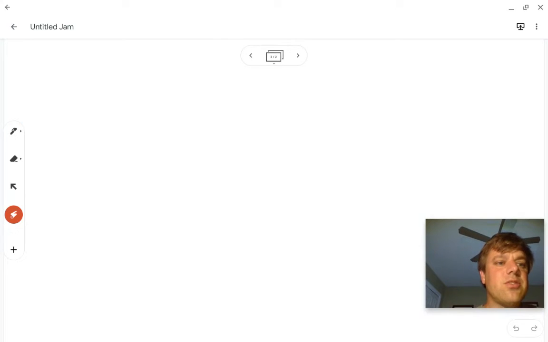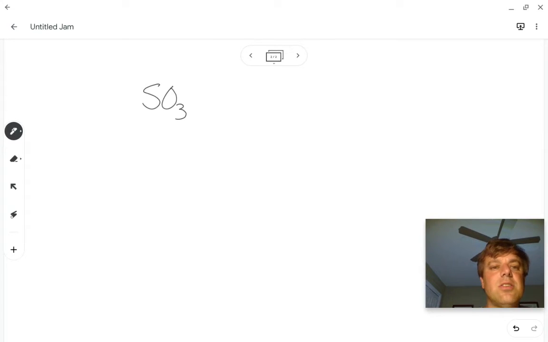In this case, we're going to look at the sulfur trioxide molecule. This is not sulfite, SO3 with a -2 charge, the polyatomic ion. We drew that in the first Lewis worksheet. This is sulfur trioxide. So we've got a sulfur, we've got 3 oxygens.